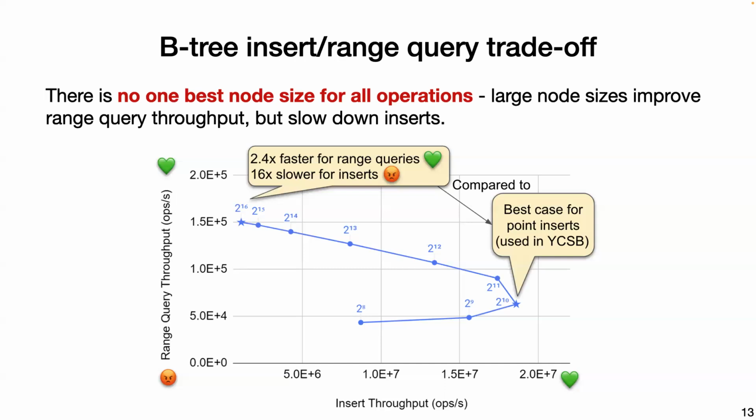And I guess down here is just worse in every way. So you want to consider those, but past 2 to 10, you're on the Pareto optimal curve, where you're either better in inserts or you're better in range queries compared to some other settings. So as long as you're on this line, you're trading one for the other, and you're not necessarily worse in both axes.